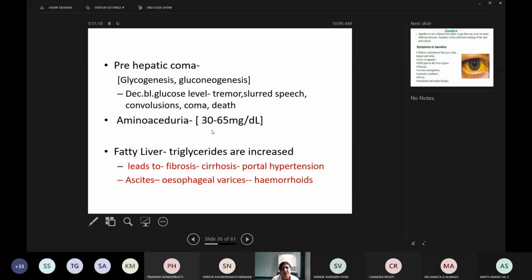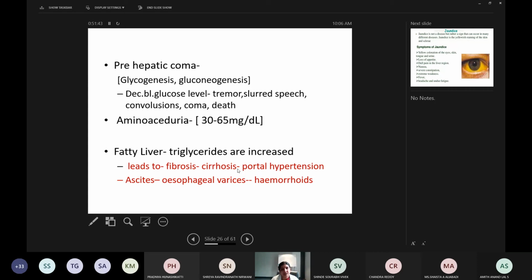The normal level of amino acids in the blood is 30 to 65 milligram per deciliter, and it will increase. Then in fatty liver, triglycerides are increased. This leads to chronic fatty liver, where all hepatocytes are replaced by fat tissue, and that leads to fibrosis, cirrhosis of the liver, long standing.